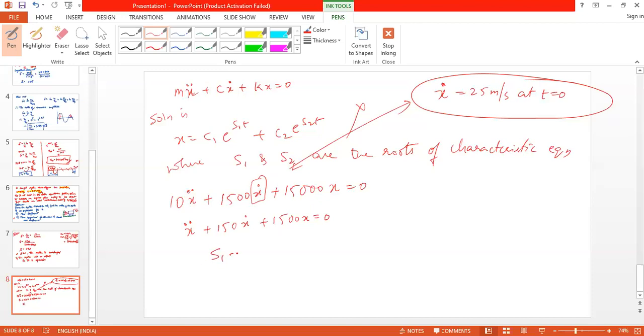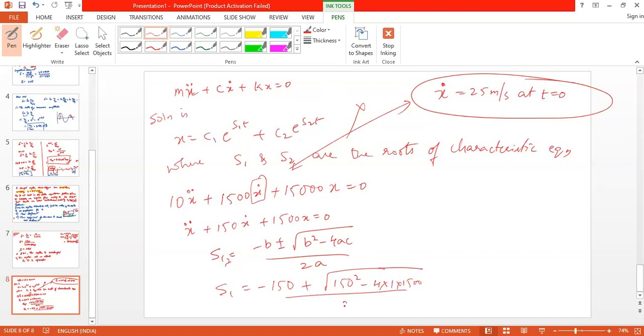So what are the roots? S1,2 is equal to minus b plus or minus root of b square minus 4ac, divided by 2a. So S1 is minus 150 plus root of 150 square minus 4 into 1 into 1500, divided by 2.